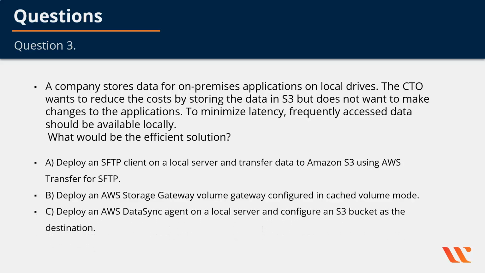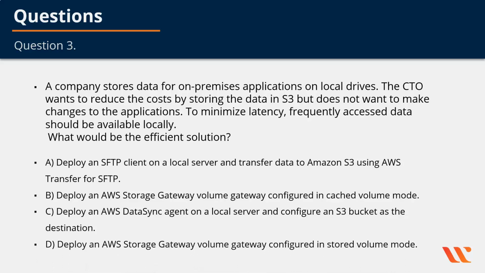Deploy an AWS DataSync agent on a local server and configure an S3 bucket as the destination. And last, deploy an AWS Storage Gateway, Volume Gateway configured in stored volume mode. This question belongs to other services. And if you know the basics of the services, that will also be fine.